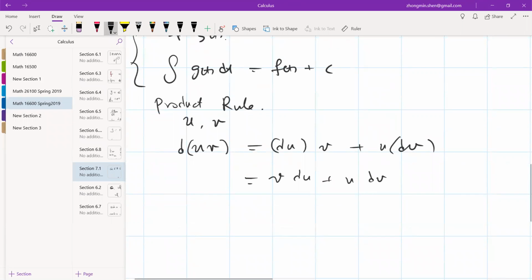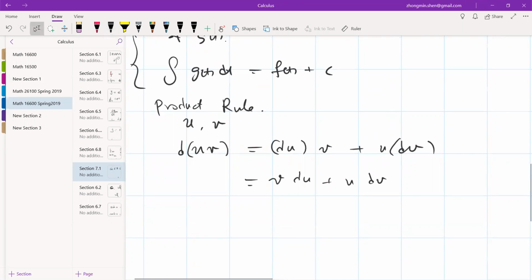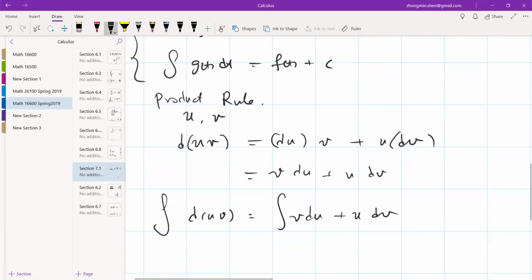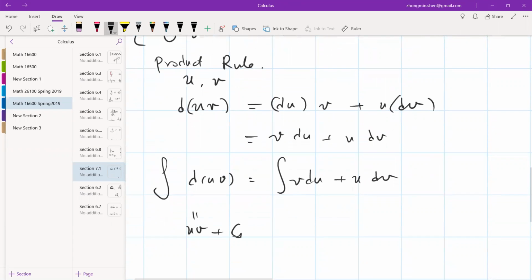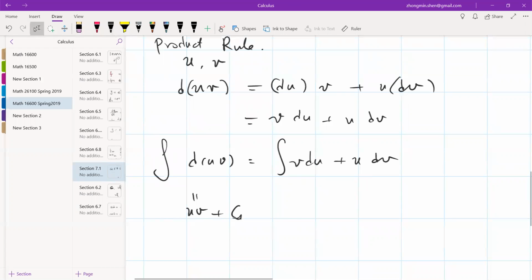I'm going to put the integral on both sides. Then what do we get? This side I got uv plus a constant, let's call it C1, yeah, let's just say plus C. On the right hand side I have two terms.